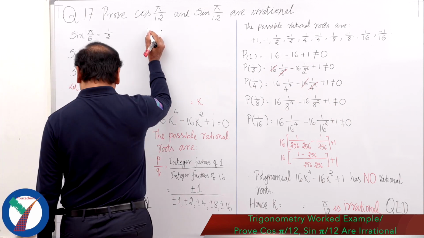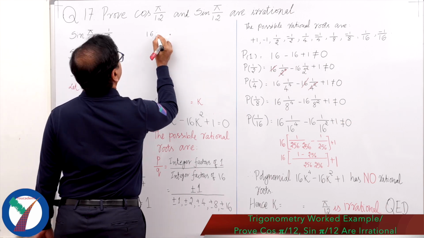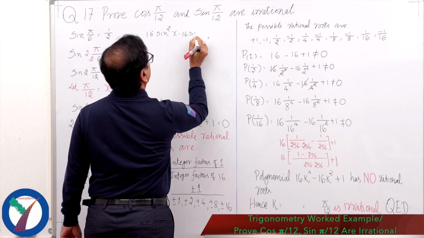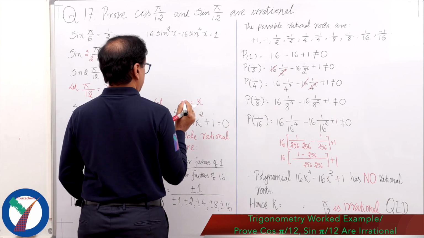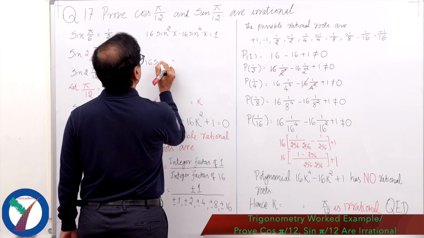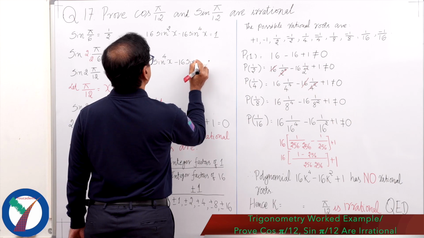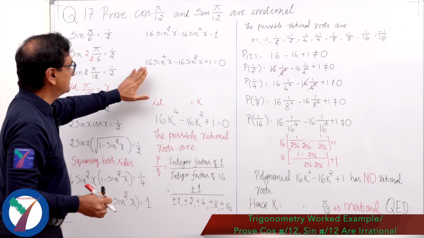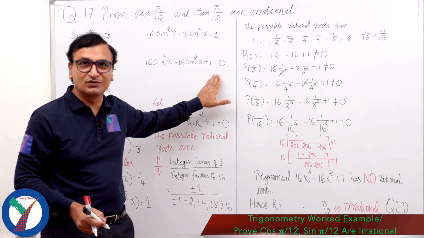So this can be written as 16 sin power 4x minus 16 sin square x plus 1 equals 0.